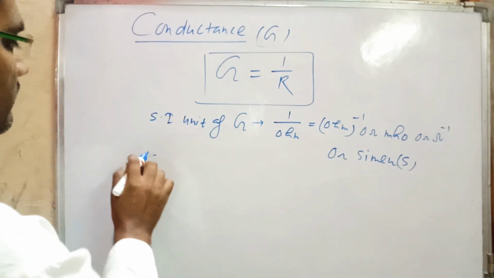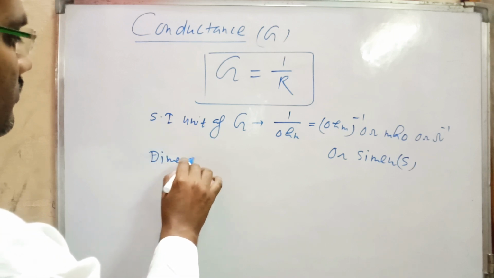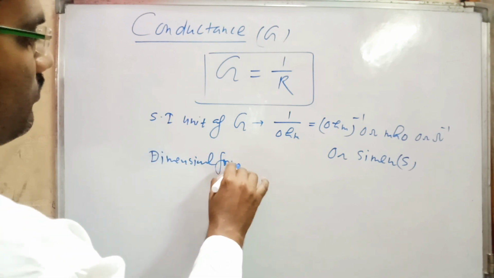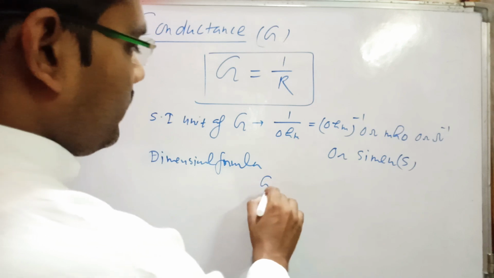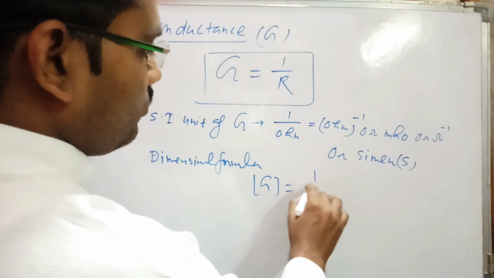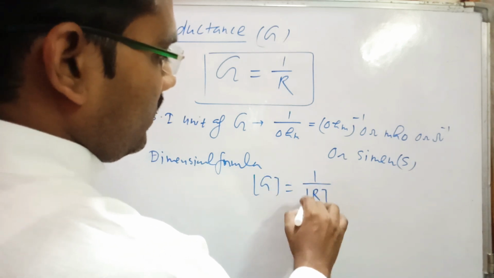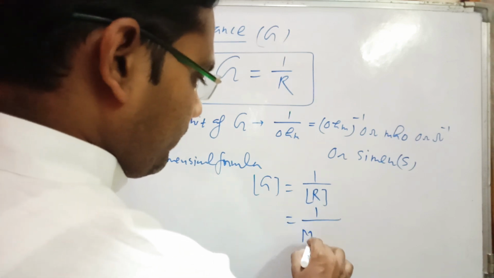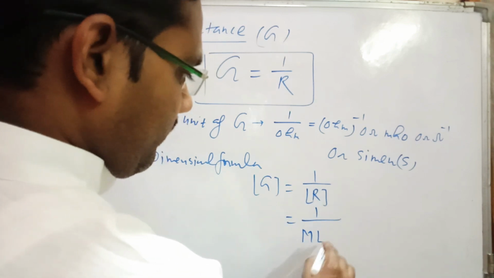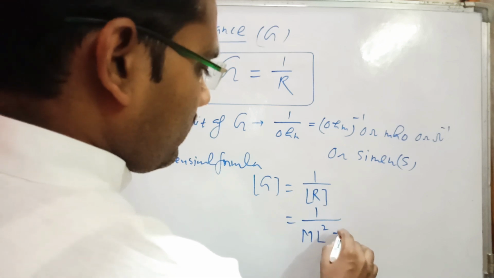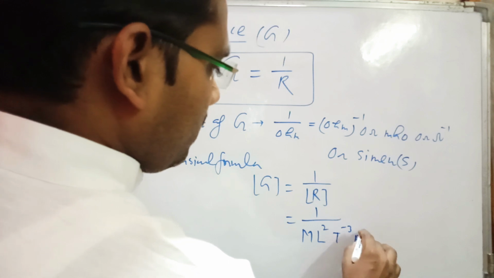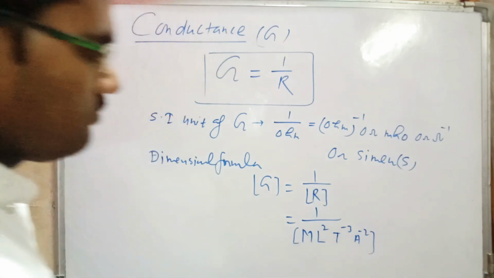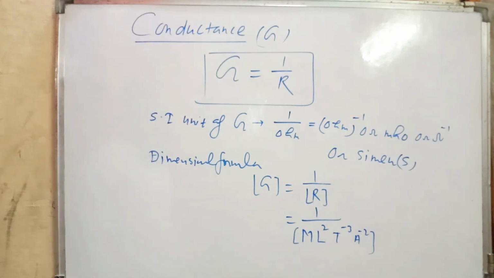Dimensional formula. The dimension formula of capital G is equal to 1 upon the dimension formula of capital R. The dimension formula of resistance is M L square T power minus 3 A power minus 2.